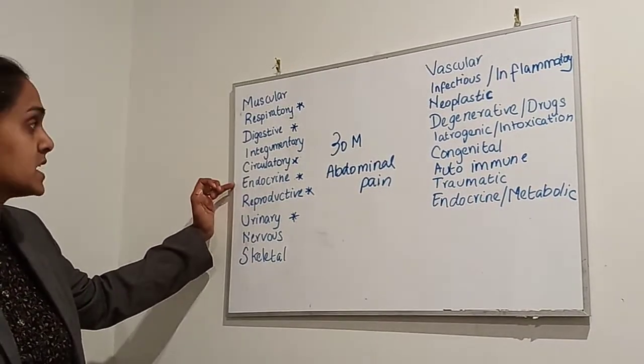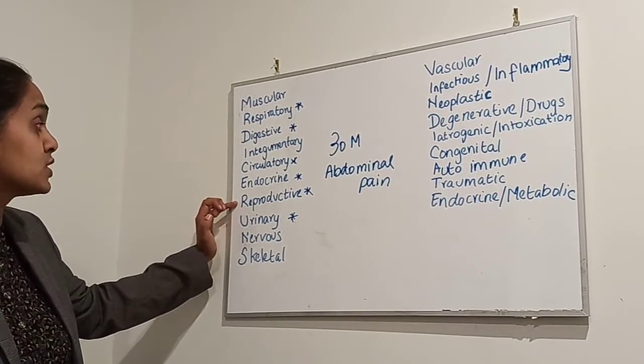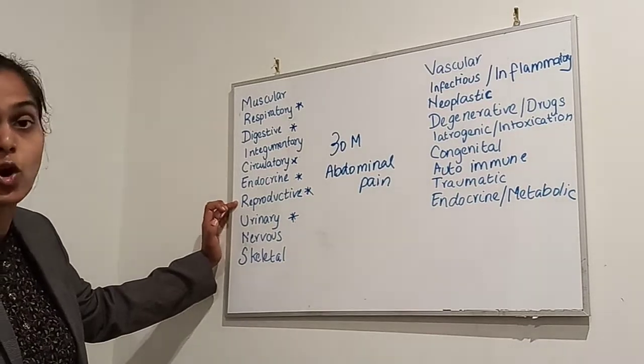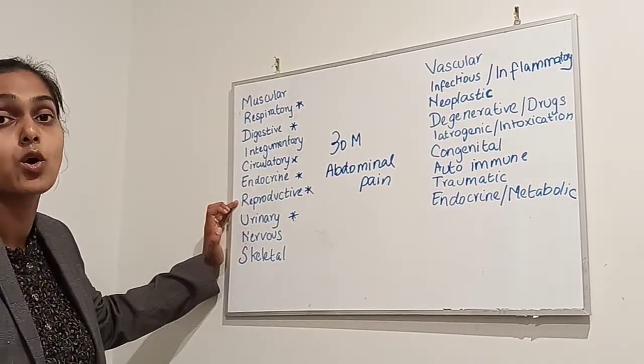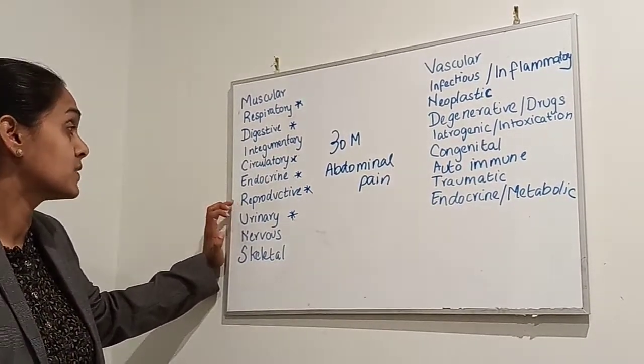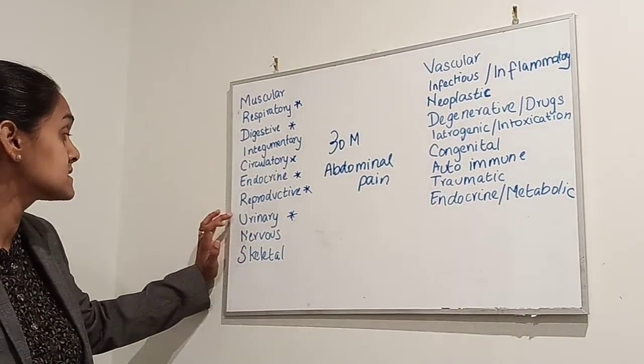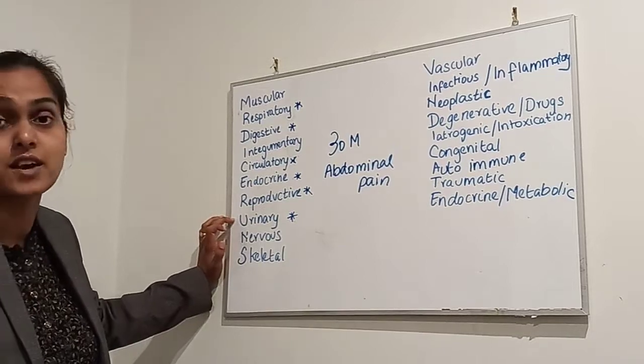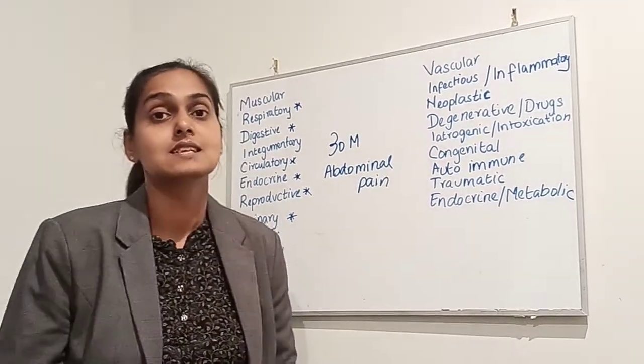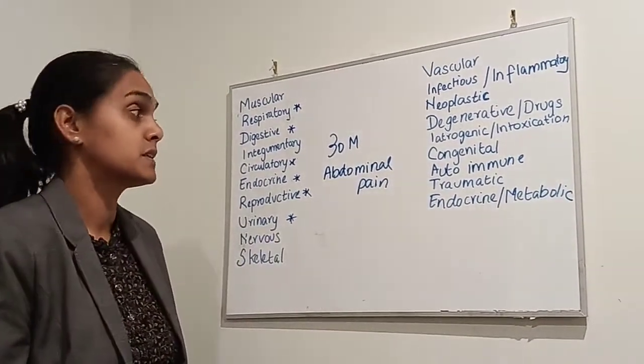Endocrine, we talked about diabetes mellitus. It could be a ruptured ectopic, torsion of testes, or ovarian torsion, causing abdominal pain, especially in the lower quadrants. Could be pyelonephritis, nephrolithiasis, producing abdominal pain.